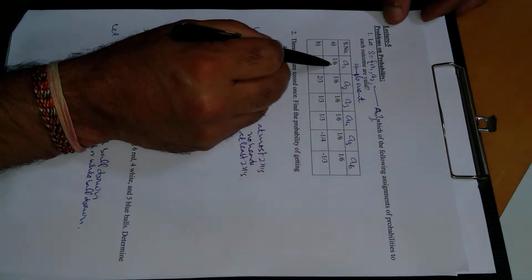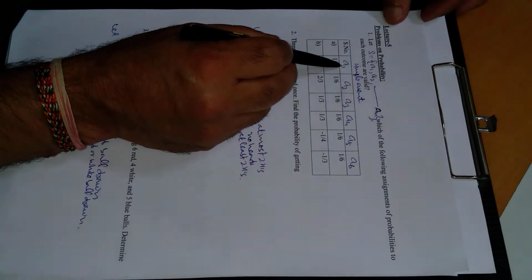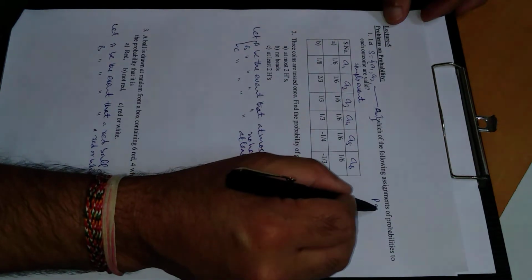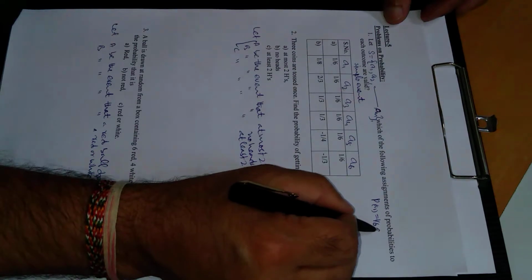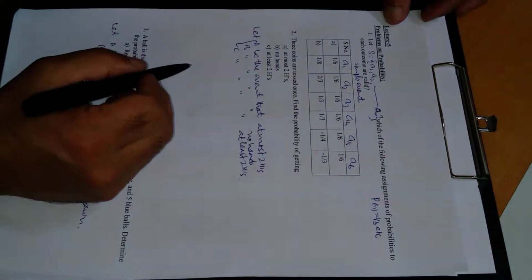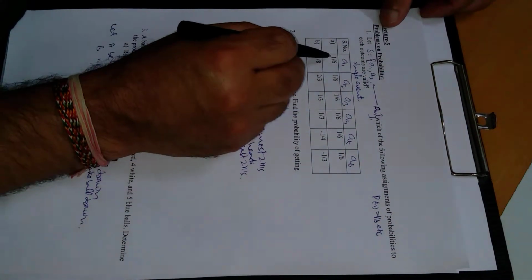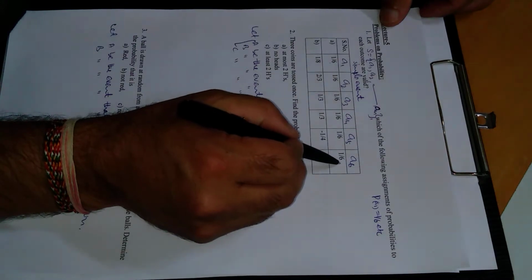For example, 1 upon 6 means this is the probability p of a1. Probability p of a1 is equal to 1 by 6, and similarly the others have similar meaning. All right, so we have to check whether this first assignment is valid or not.